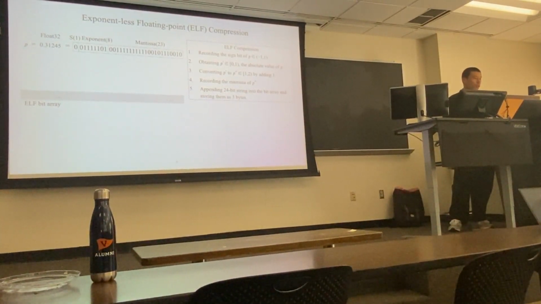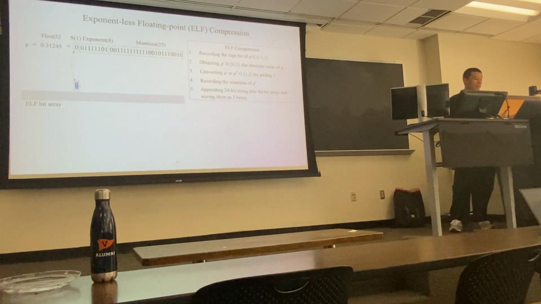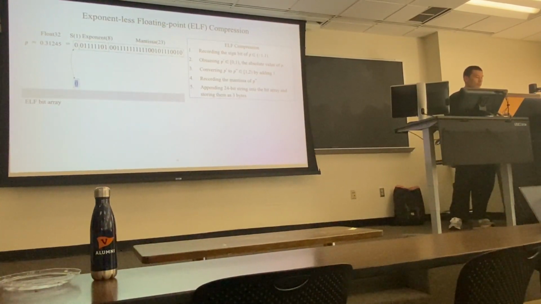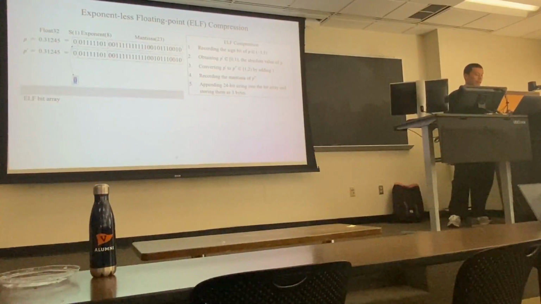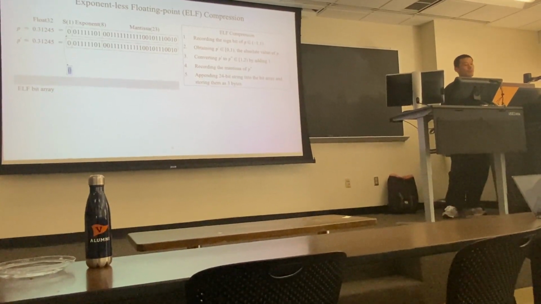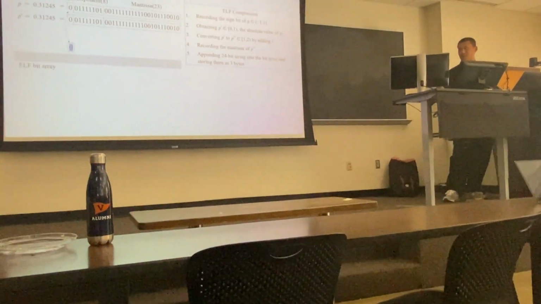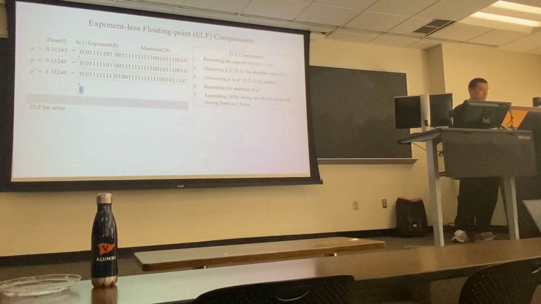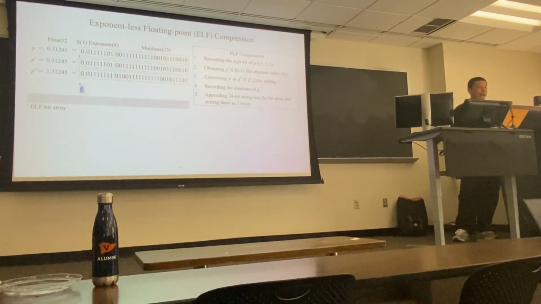First, we just record the sign bit of P. P is from -1 to 1. Next, we get a P prime, which is the absolute value of P. In this case, P prime is equal to P. And we get the P double prime by adding 1.